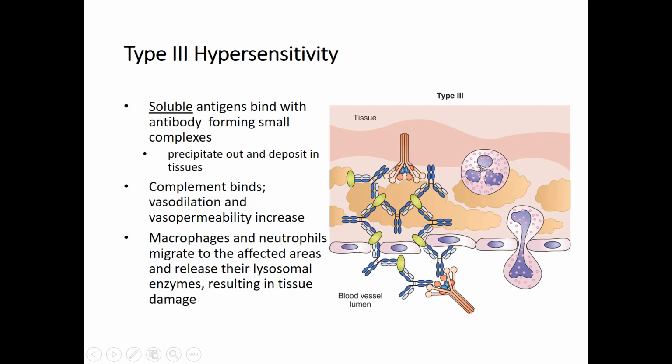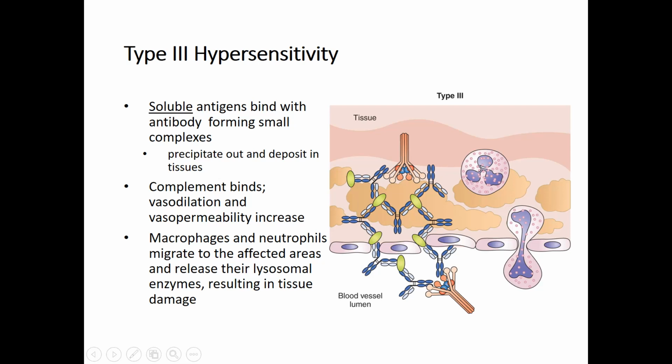Complement comes in, and again, a number of things happen. They have vasodilation, vasopermeability, chemotaxis from the C5a will cause neutrophils and macrophages to migrate to the affected area.